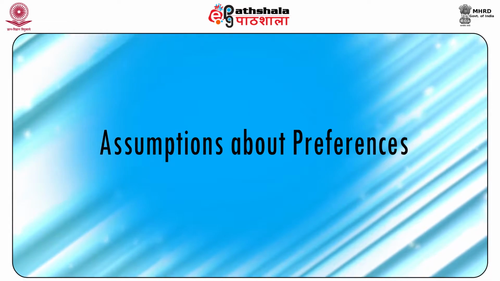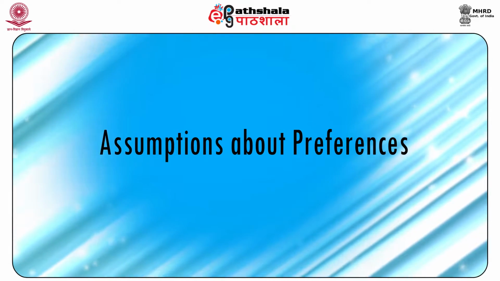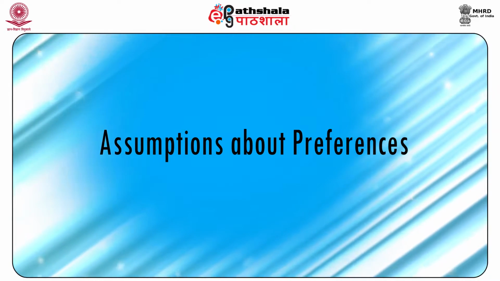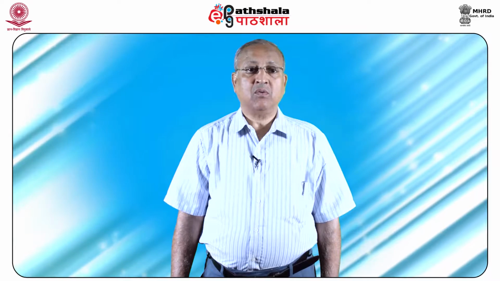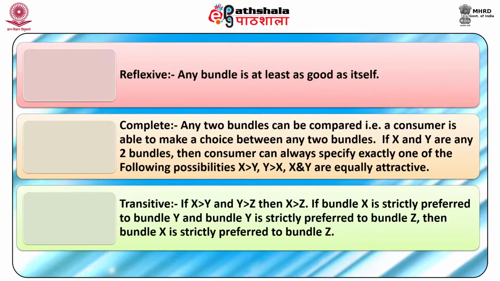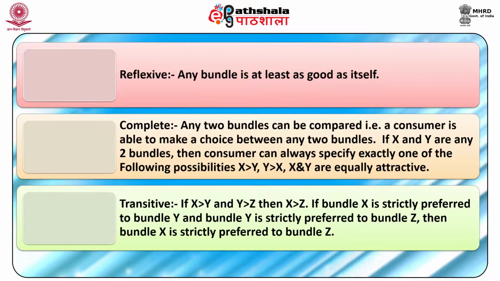Now, about the assumptions regarding the ordinal utility approach. The first assumption is known as the reflexive assumption. Any bundle is at least as good as itself. The second assumption is known as the completeness assumption.